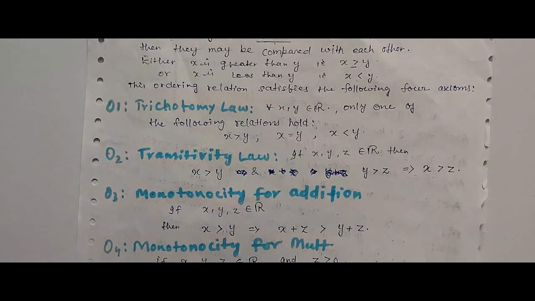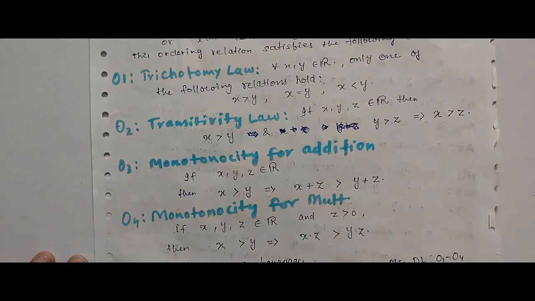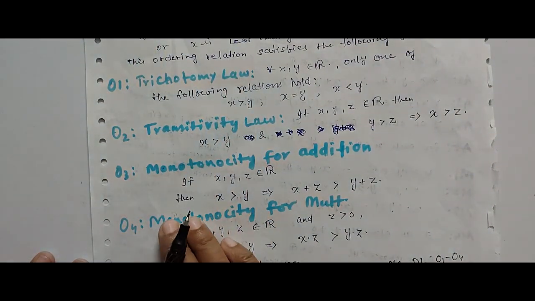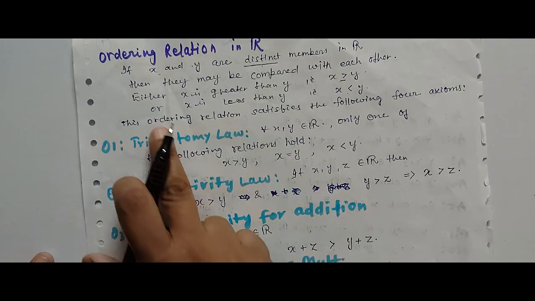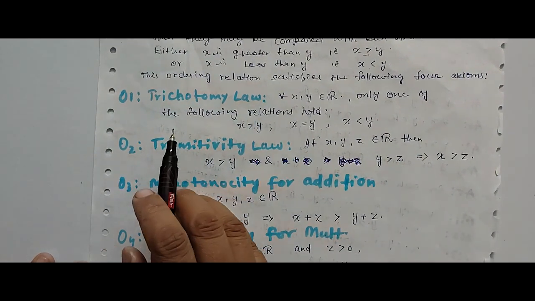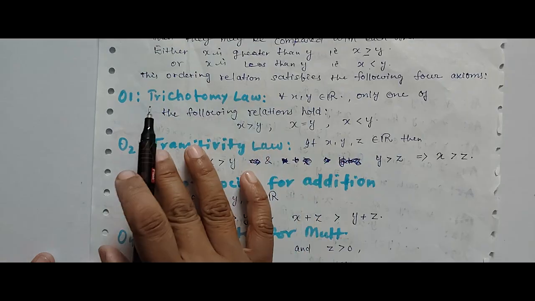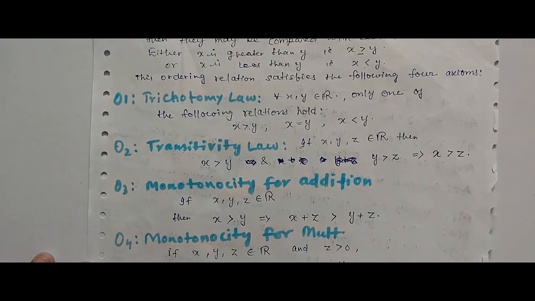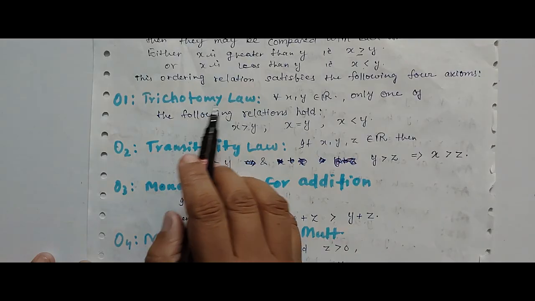Here are some axioms related to the ordering relation. So what are these axioms? With respect to the ordering relation, we have axiom 1, which I denoted O1. It is called the trichotomy law.